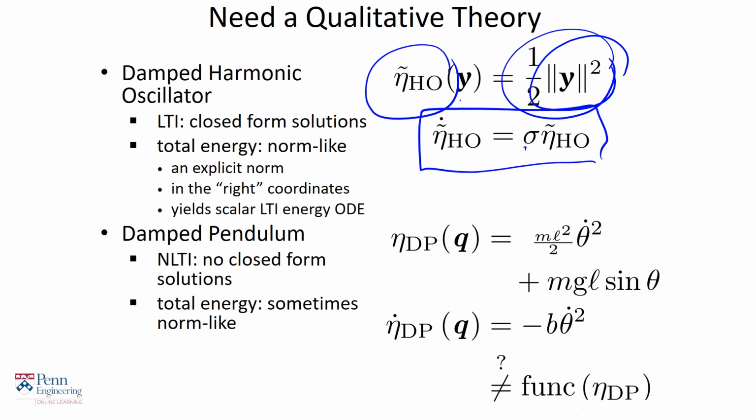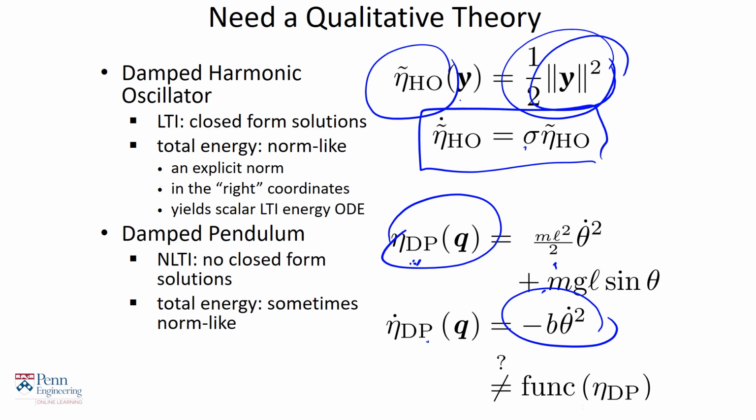Remember, to get the power, all I need is to take the total energy, which is the kinetic energy plus the potential energy, and take the inner product of the gradient of that total energy with the vector field. When I did that, I get a function which once again is non-positive for positive values of the damping coefficient B.